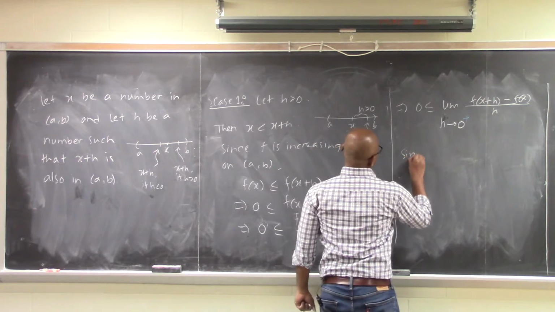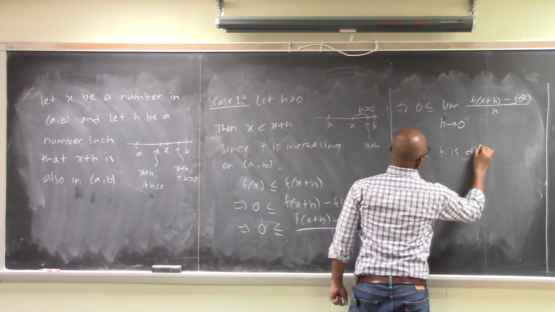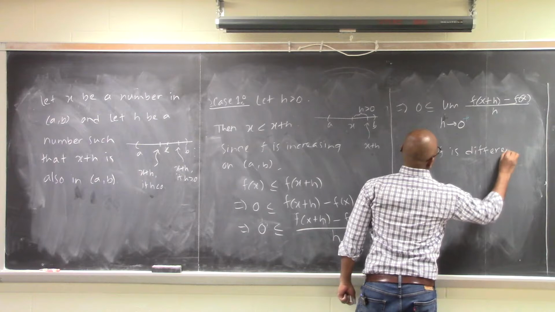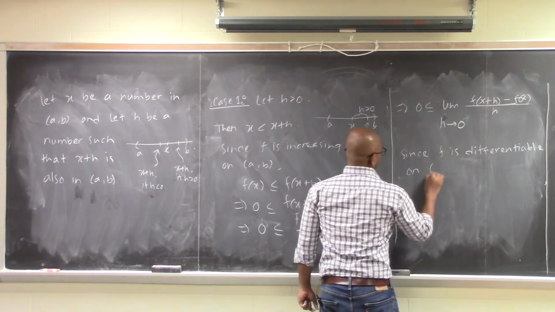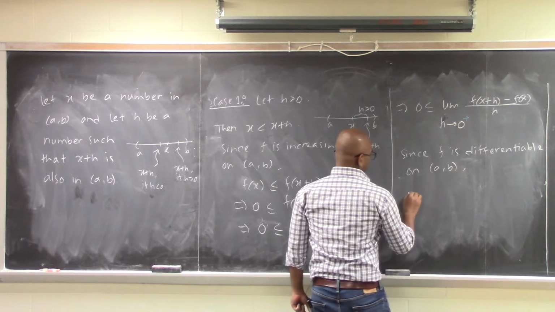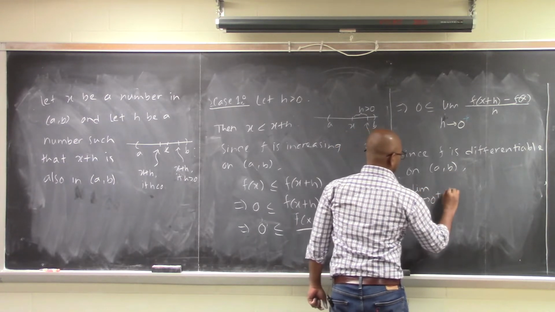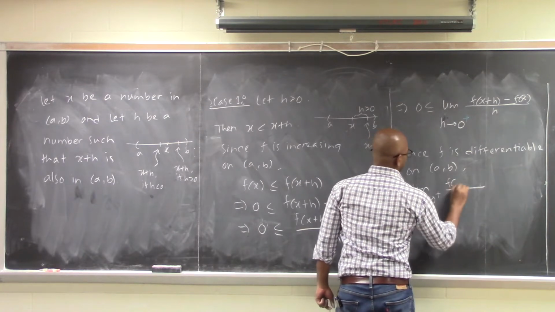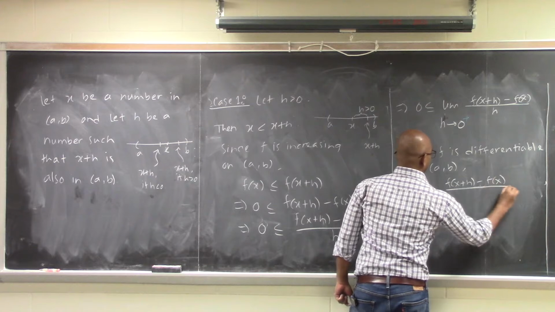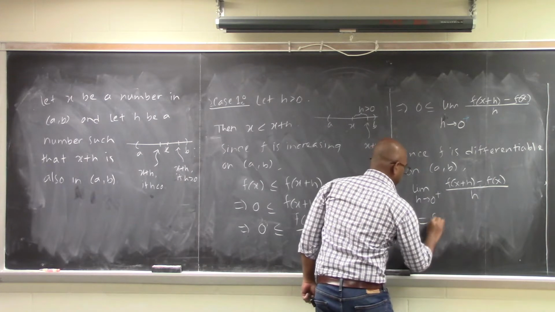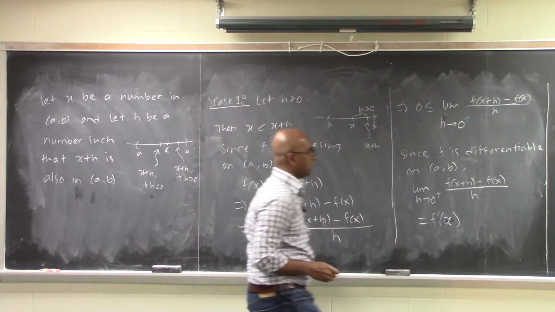Since f is differentiable on AB, the limit as h approaches 0 from the right of f of x plus h minus f of x over h is just the derivative of f at x.